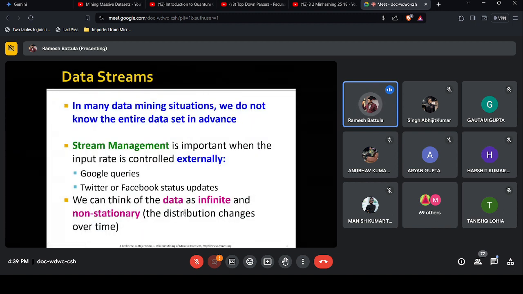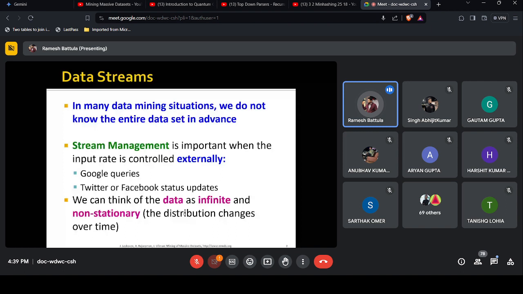What is a data stream first of all? In many data mining discussions, we are not able to keep the entire data set in advance.